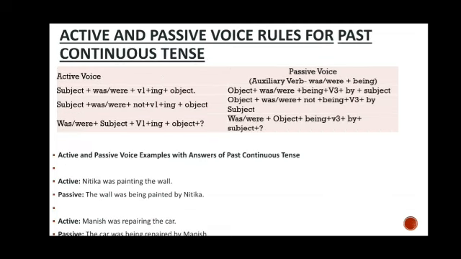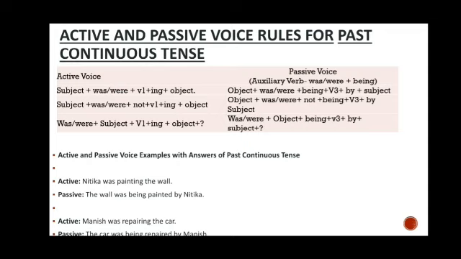Now see past continuous: subject, then was/were, then verb first plus ing, then object. While we are changing it, what will happen? Object will come first, then was/were, then being, B-E-I-N-G. Why? Because we told you that when we are writing continuous, then being, and when we talk about perfect, then been. Verb third, then by, then subject.